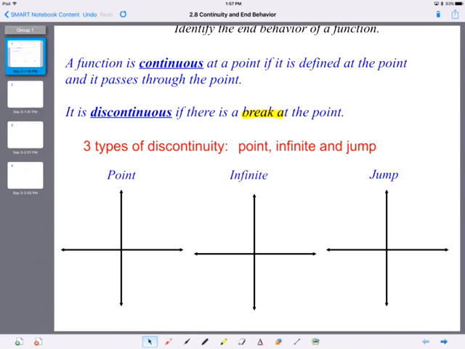First one is a point discontinuity. So you could have something like a line, but then there's a break. Well, I'm going to have to fix this. What we'll do is create a little break there.